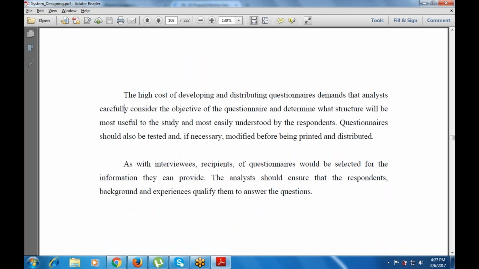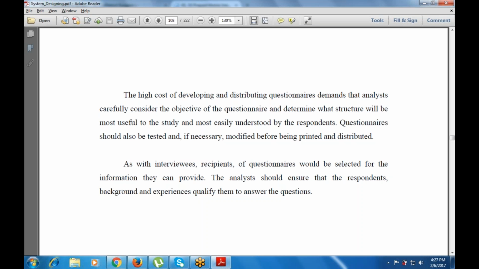The high cost of developing and distributing questionnaires demands that analysts carefully consider the objective of the questionnaire and determine what structure will be most useful to the study and most easily understood by the respondent. The questionnaires should also be tested and, if necessary, modified before being printed and distributed.